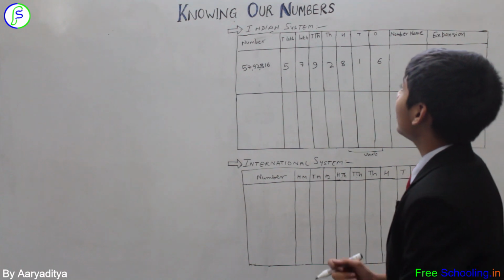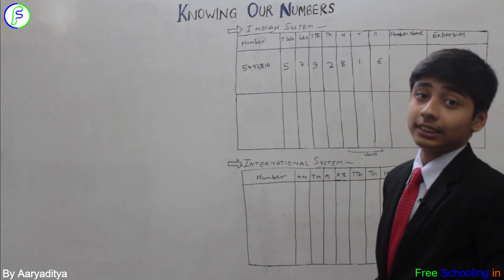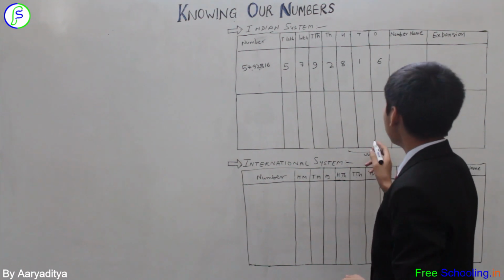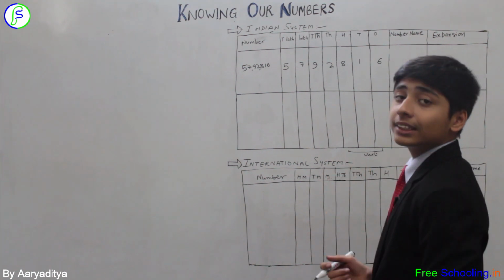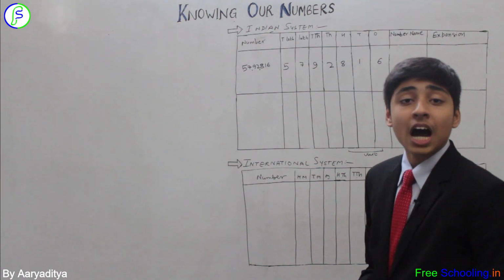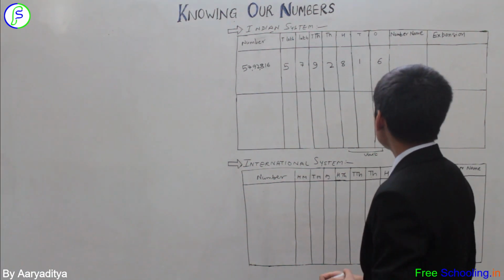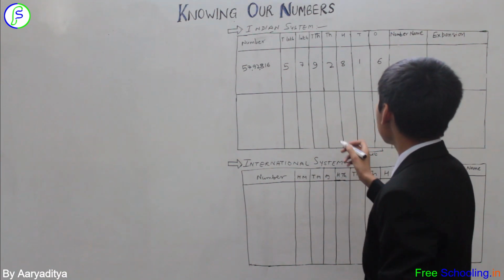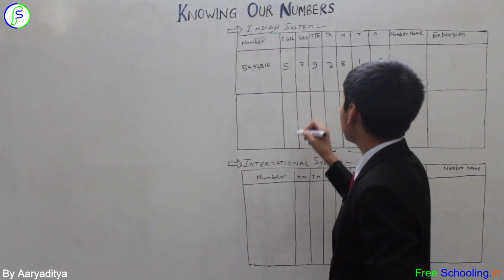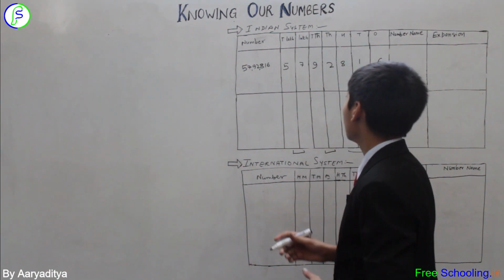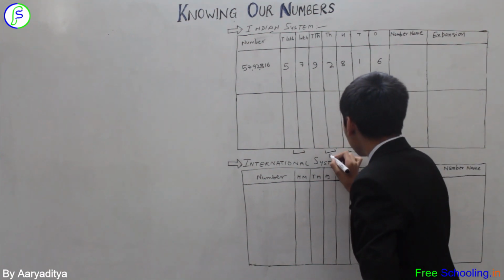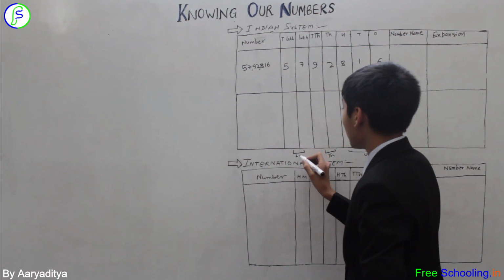Similarly in the Indian system, or Hindu Arabic system, after HTO every place is paired in groups of only 2 positions. After HTO we have 1000 and 10,000, which are grouped together. Then we have lakhs and 10 lakhs, which are grouped together. This group is known as the thousands group, and this one is of lakh.